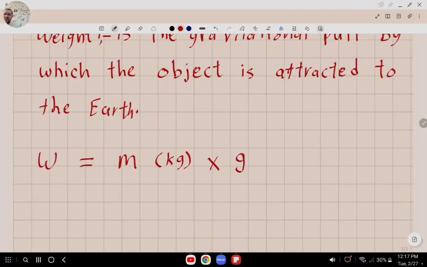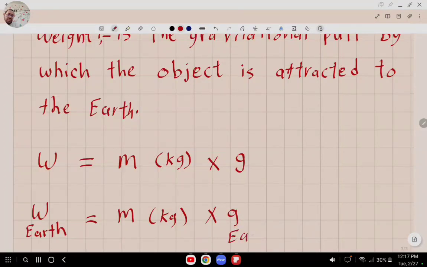On Earth, the weight on the Earth equals the mass of the object in kilogram times the gravitational G of Earth, or the gravitational pull of the Earth.